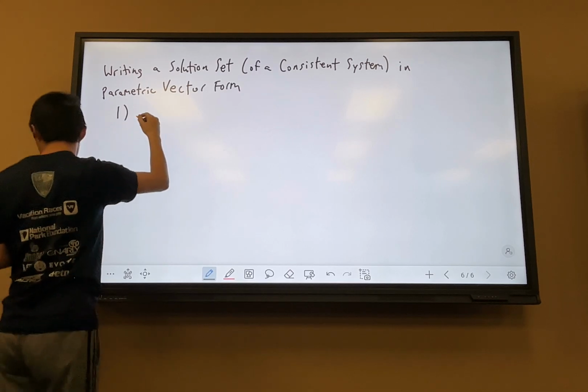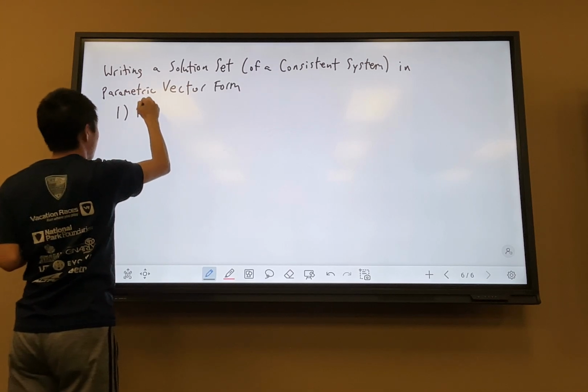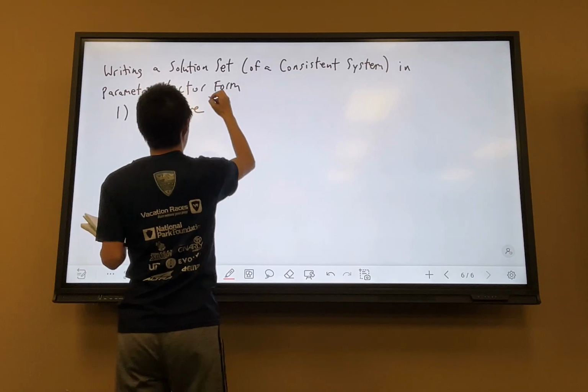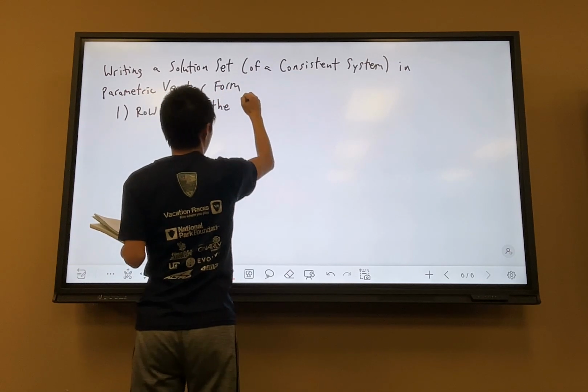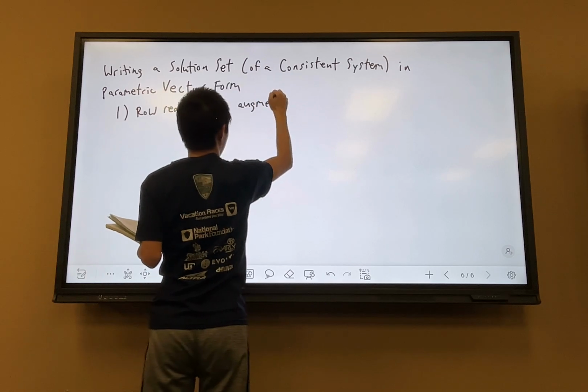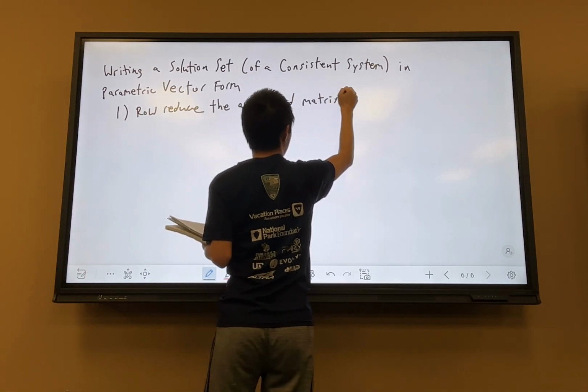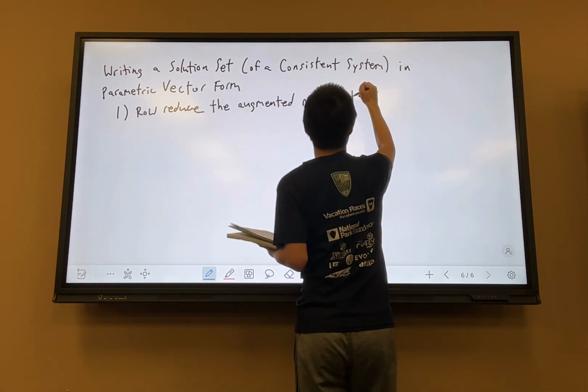One, you need to row reduce the augmented matrix to reduced echelon form.